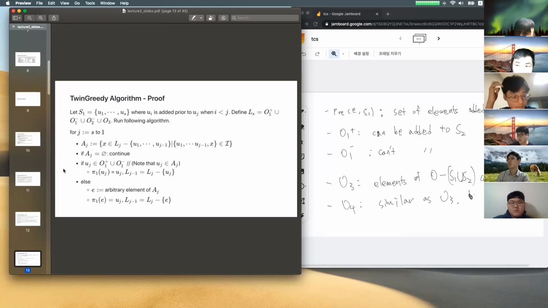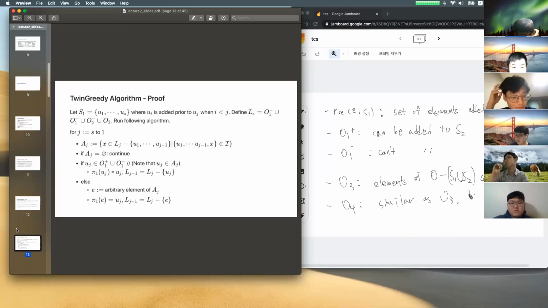Running this algorithm will give us the construction of pi1.